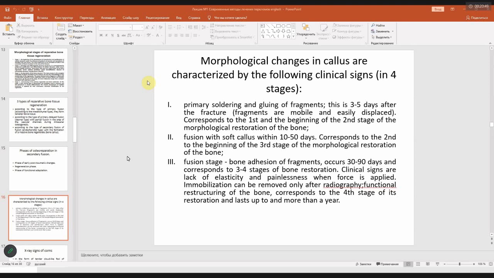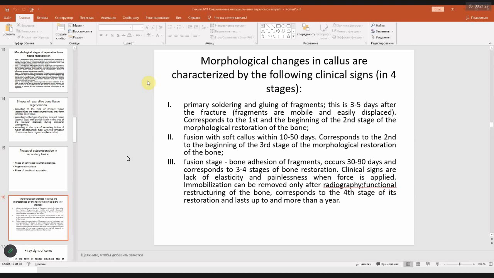3. Fusion stage, bone adhesion of fragments occurs in 30 to 90 days, corresponding to 3 to 4 stages of the bone restitution. Clinical signs are lack of elasticity and painlessness when force is applied.